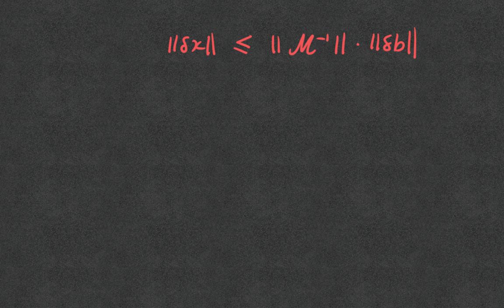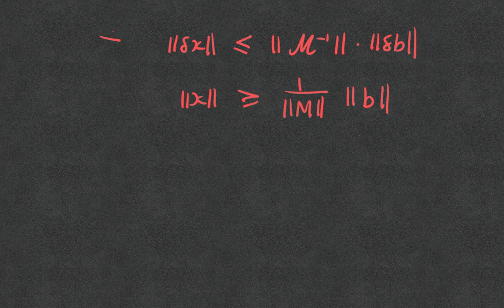Now, on the other hand, the norm of X is greater than 1 divided by the norm of M times the norm of B. So this comes from our second M minus 1 derivation, and this one comes from the M derivation, okay?